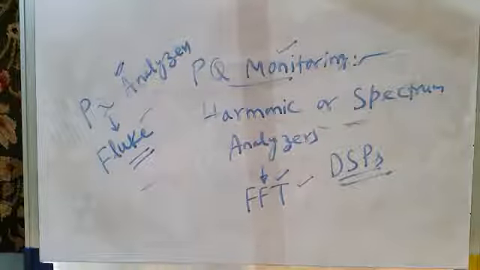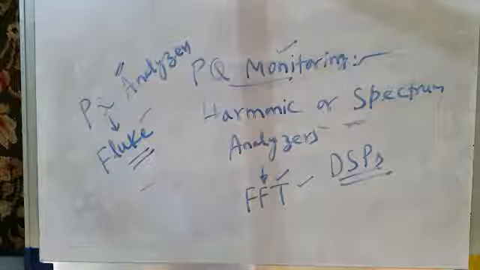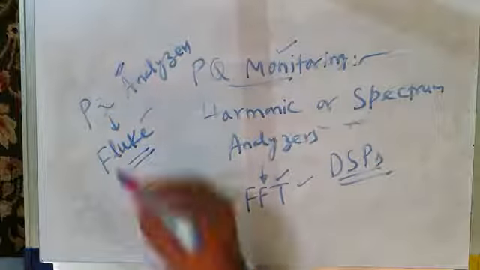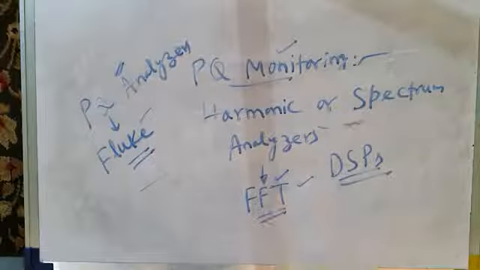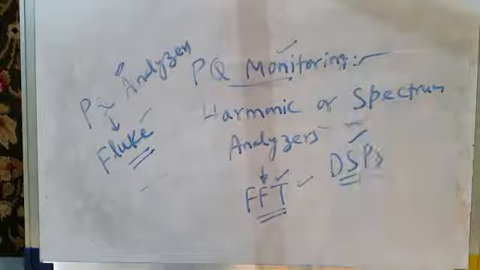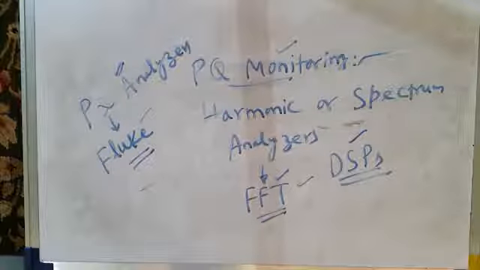That is about power quality monitoring. Therefore, for designing compensation techniques, power quality monitoring is very important. And for that you need harmonic or spectrum analyzers or power quality analyzers, which are based on FFT algorithms and implemented using high-speed digital signal processors, DSPs.